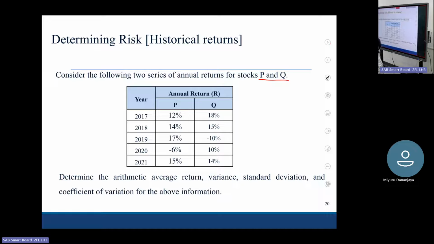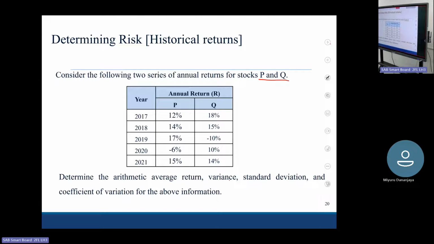This 12% includes the capital gain and the dividend gain. Considering dividend and capital gain, this 12% has been calculated, so you are provided the annualized return. What you have to do is determine the arithmetic average return, variance, standard deviation and coefficient of variation for the above information, and indicate which stock is more risky and which one is less risky.